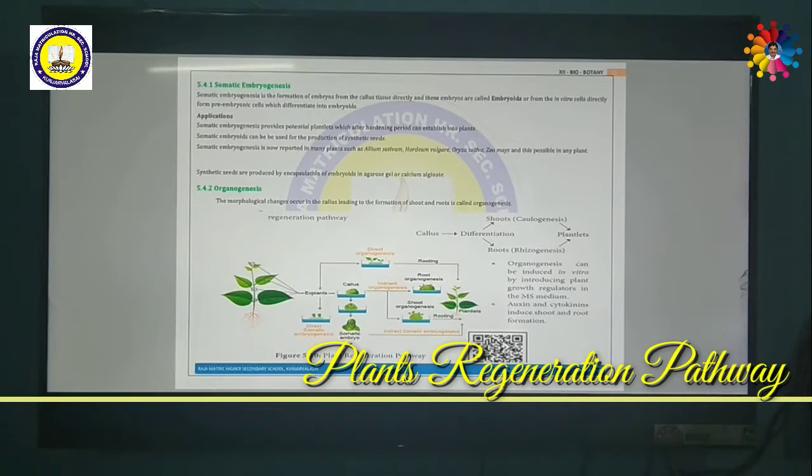So organogenesis can be induced in vitro, meaning in a test tube or conical flask, by introducing plant growth regulators like auxin and cytokinins in the MS medium. Auxin and cytokinin induce shoot and root formation. These hormones are phytohormones which stimulate cell division and cell elongation, and root induction and shoot induction can be done with their help. Do you understand?